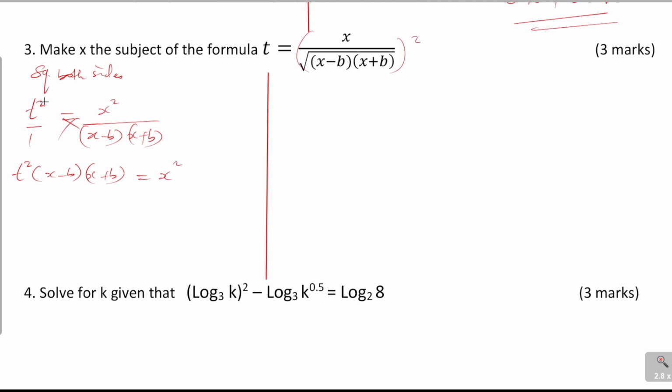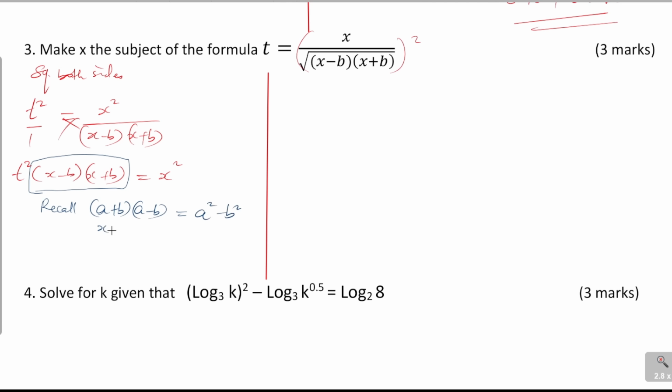Now there's something that you need to notice here. Look at this part that is here. This is a difference of two squares, and recall that given a plus b multiplied by a minus b, this simplifies when expanded to a squared minus b squared.